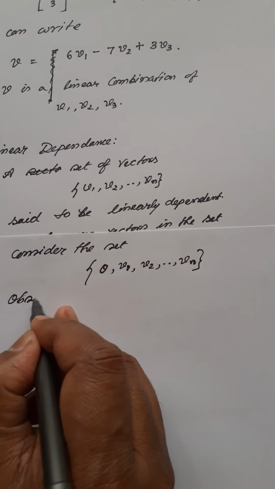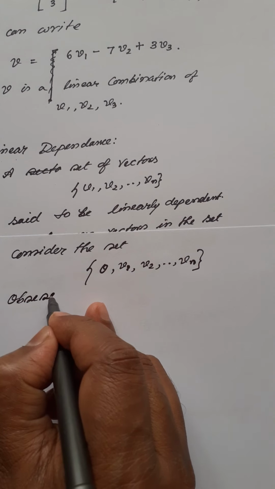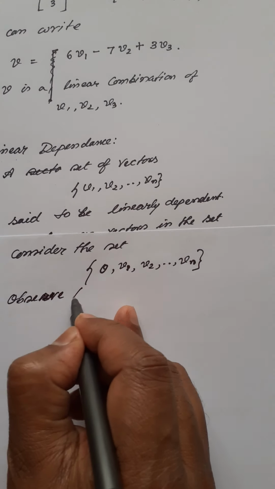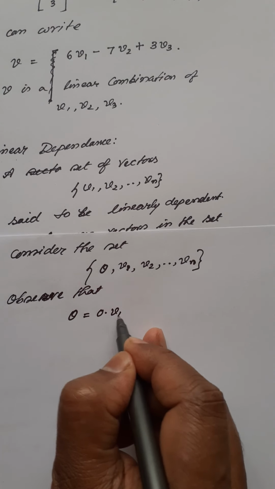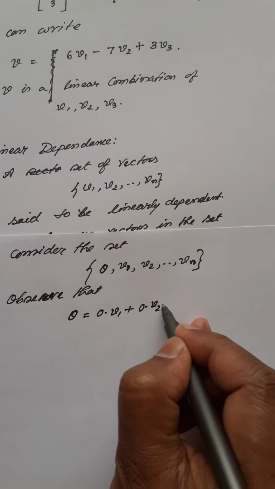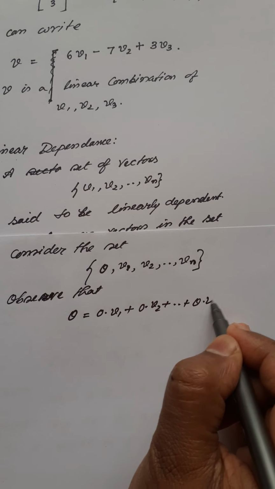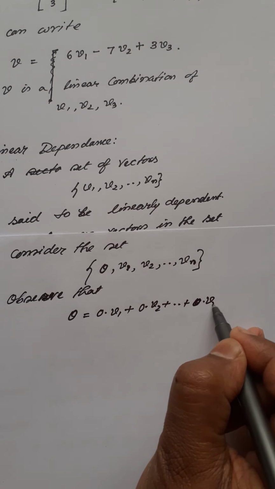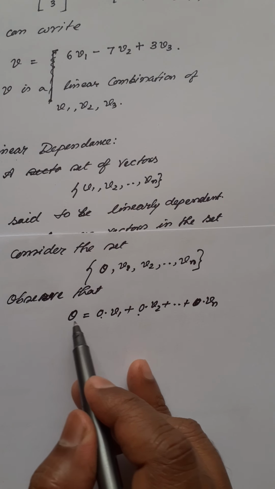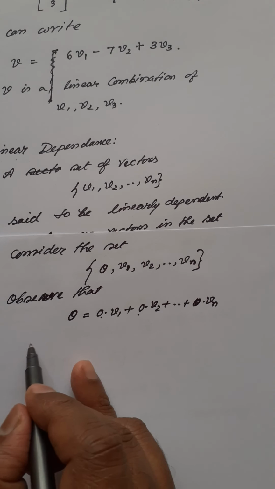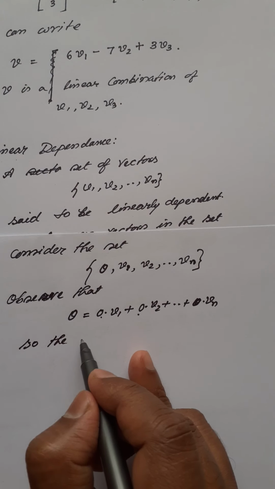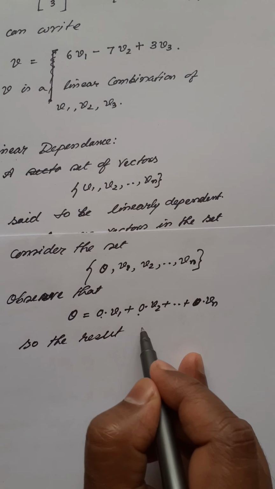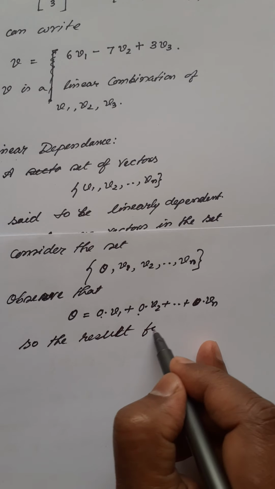Observe that this zero vector is 0 times v1 plus 0 times v2 plus, and so on, 0 times vn. Remember, these zeros are scalar zeros. This is theta, the zero vector. So the result follows.